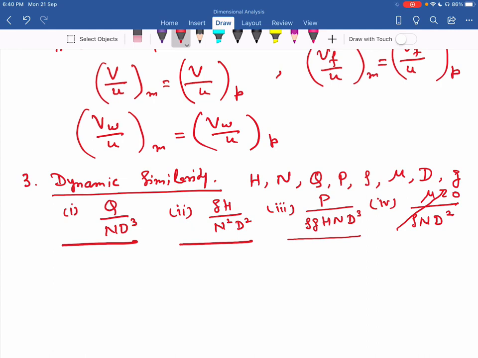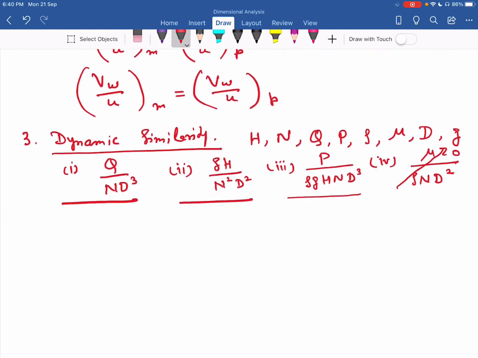Further, for model and prototype, g for model is equal to g for prototype, acceleration due to gravity. If our fluid is water, you can also say rho for model is equal to rho for prototype. These two equations also hold good. So again, we can write three terms, Q upon ND cube.